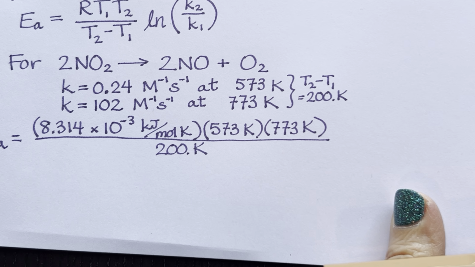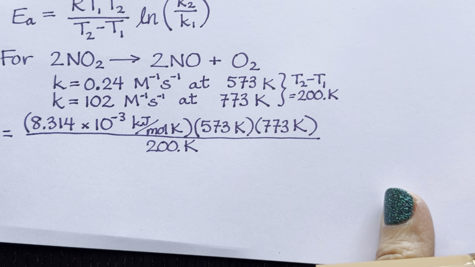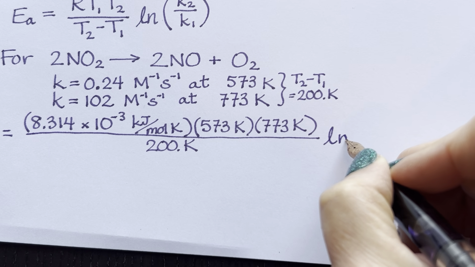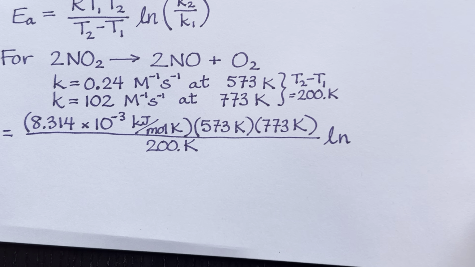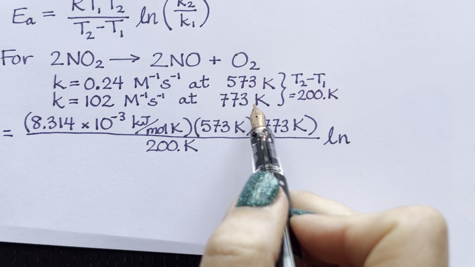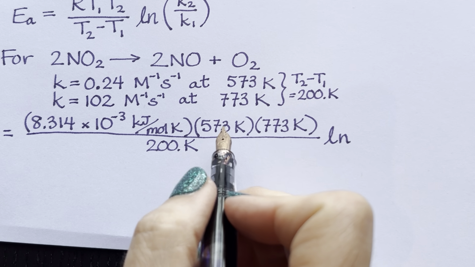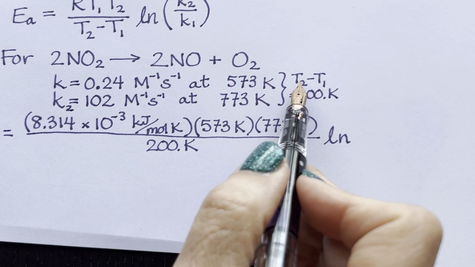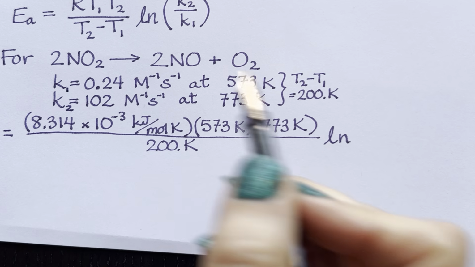So I'll move this over. Get some more room here. And so now we have natural log. And how did we define these, right? We had 773 was T2, so that's K2. We want to make sure these match. And this was K1.